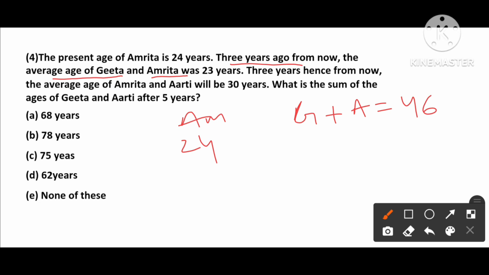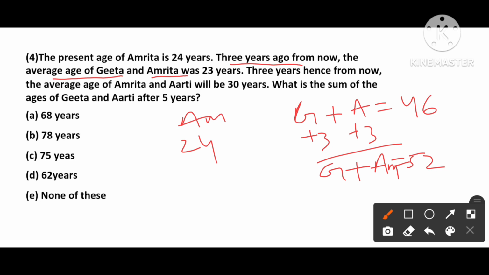So 3 years ago is 46 means now plus 3 to total. So 46 plus 6 which will be 52. So 52 is the present age of Geeta and Amrita.